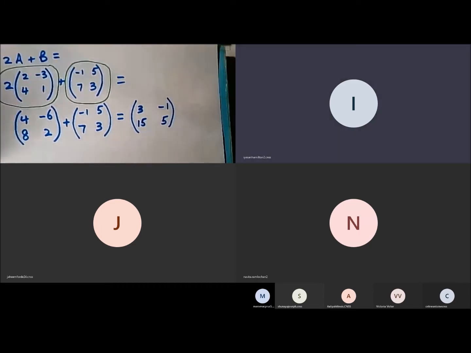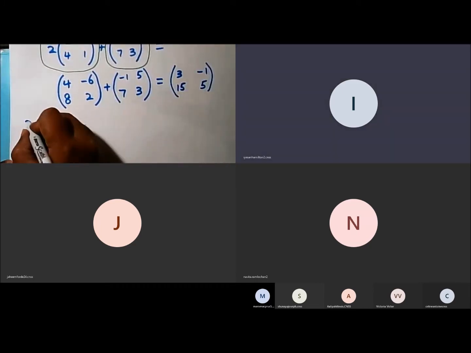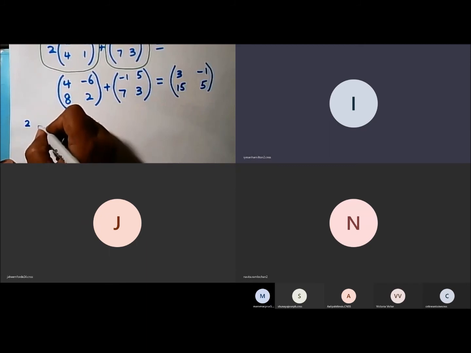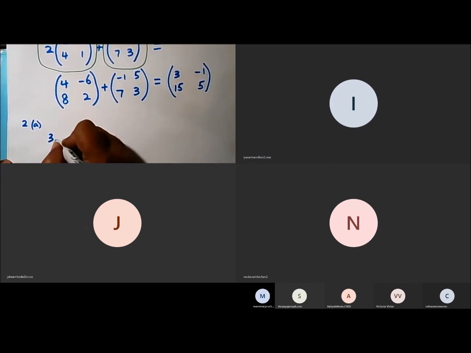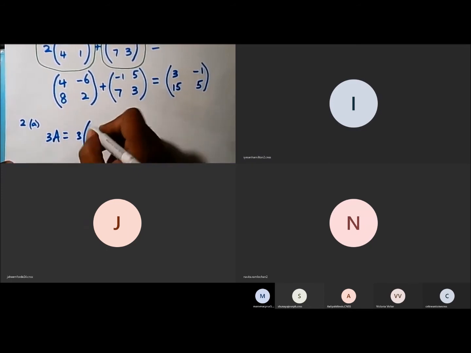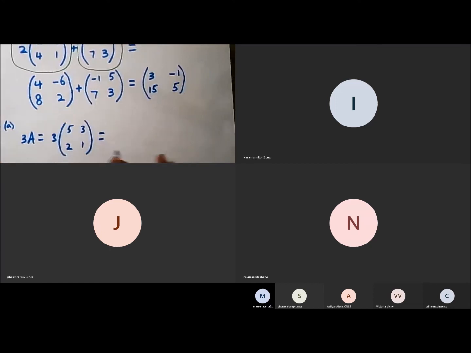Question 2. We have 2, part A. We just had to work out 3A, which will be 3, and A is 5, 3, 2, 1. 3 5s are 15, 3 3s are 9, 3 2s are 6, 3 times 1 is 3.